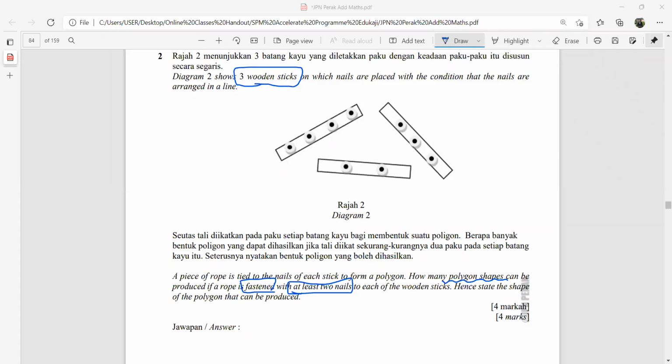Okay. So this question, if you solved it, then very good.